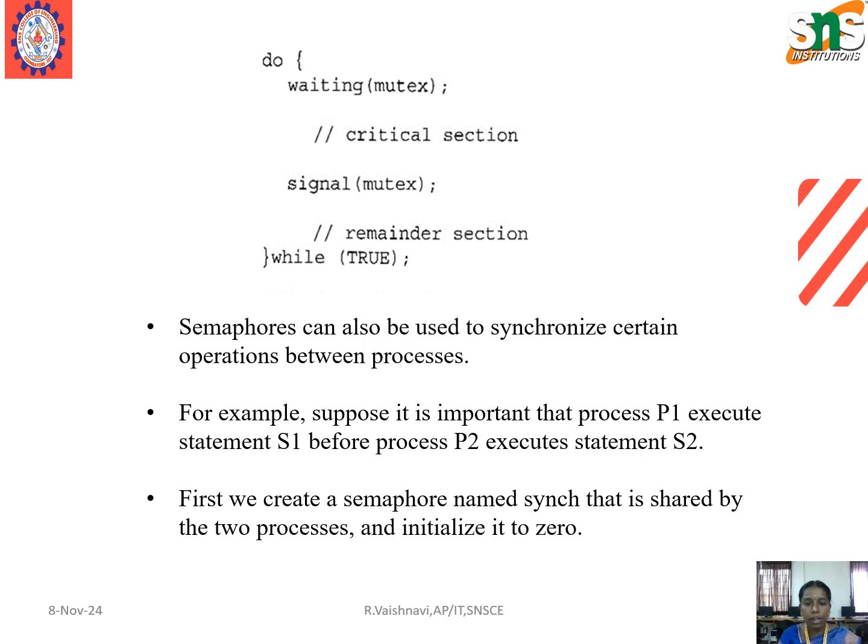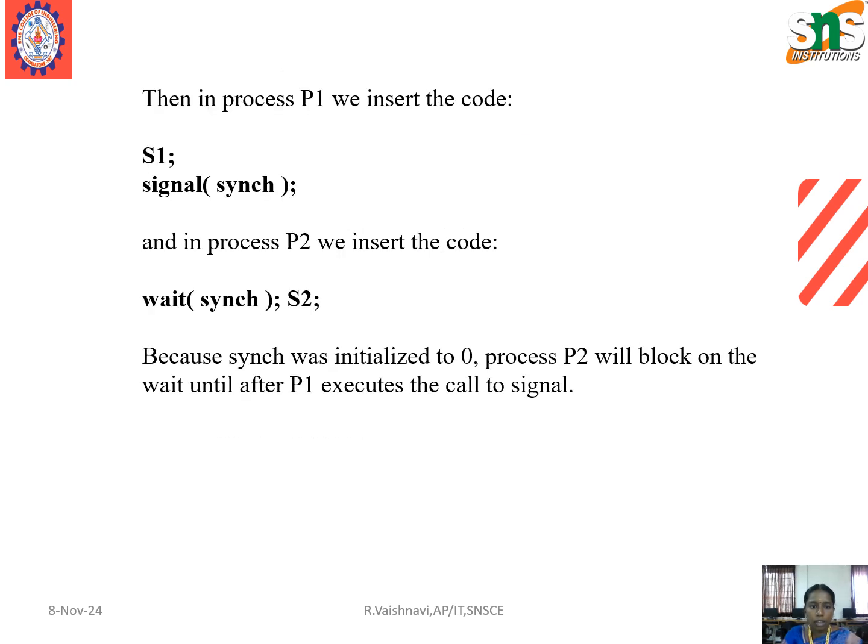For example, suppose it is important that process P1 execute statement S1 before process P2 executes statement S2. Here P1 and P2 define process 1 and 2, and S1 and S2 define the statements. First we create a semaphore named sync, shared by the two processes, and initialize it to 0.